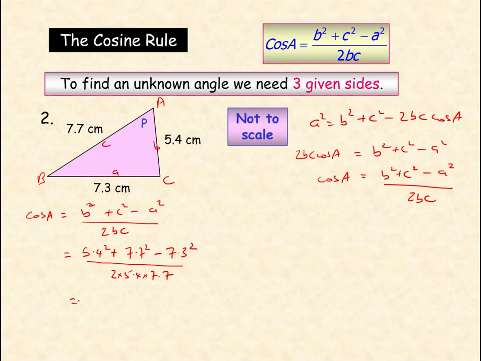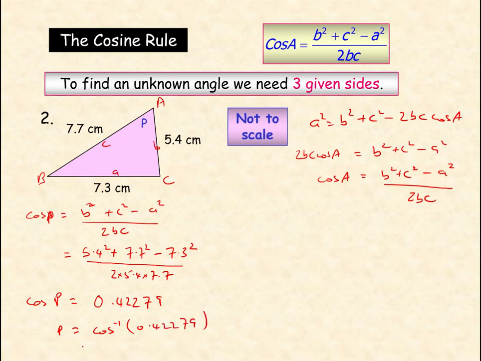Plug it into your calculator and you should get 0.42279. That's cos A, and in this case A corresponds with P, so it's P we're looking for, and P is going to be equal to cos to the minus 1 of 0.42279.